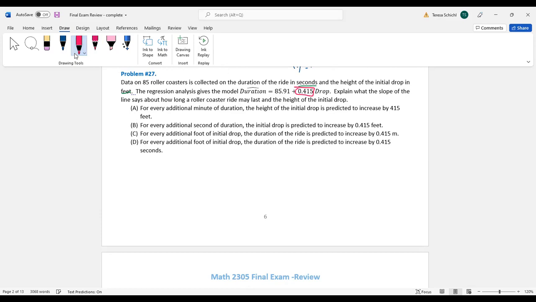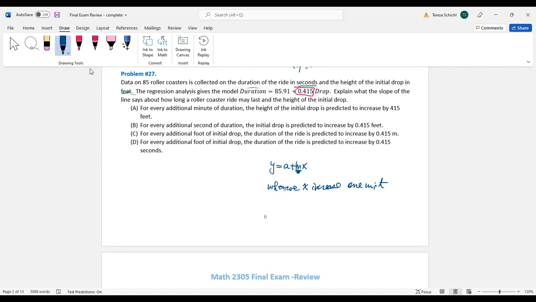Okay, from algebra time, we know the slope. What does it mean? We typically have y = a + mx, right? This is the algebra expression. So what does m mean? That means whenever x increases 1 unit, it depends what you are measuring on the axis. Here, our x axis is the initial drop, so that's in feet.